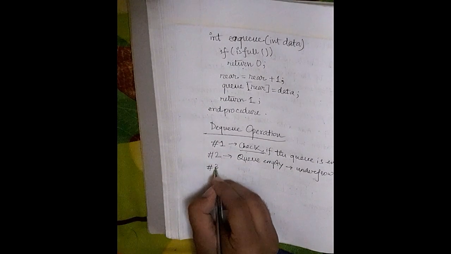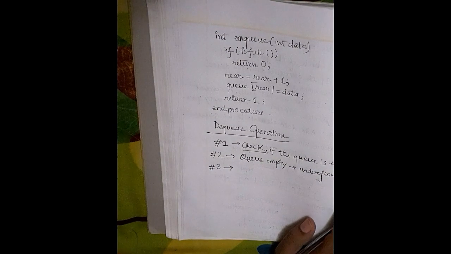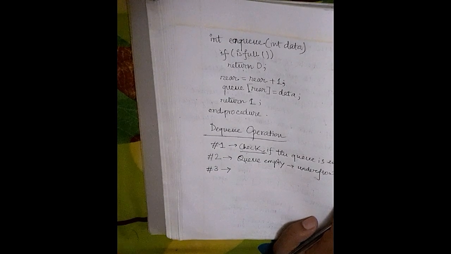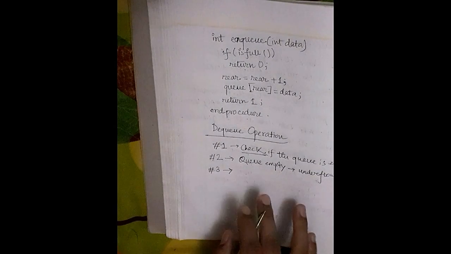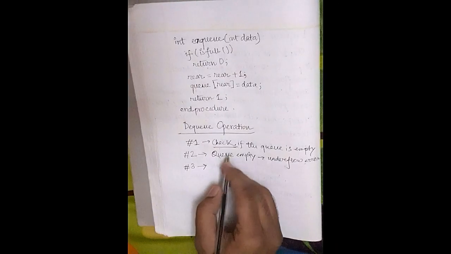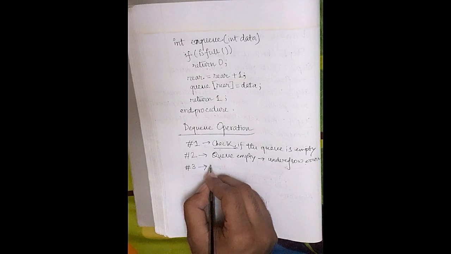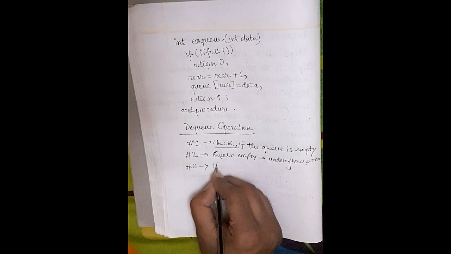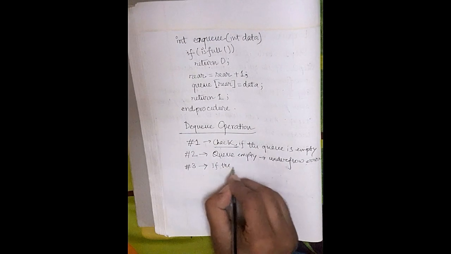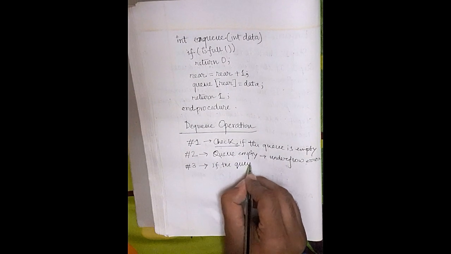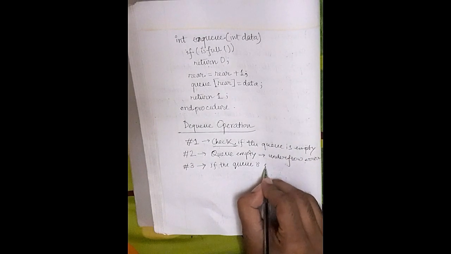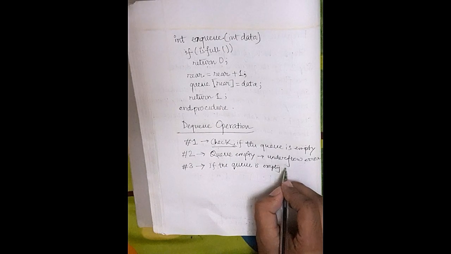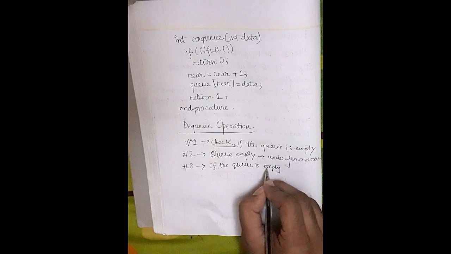Step number 3, if the queue is not empty, access the data where front is pointing. So now let's write down step number 3 once again. If the queue is empty, should I write empty?